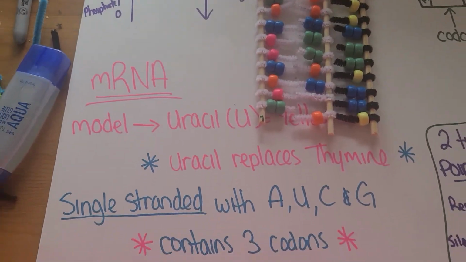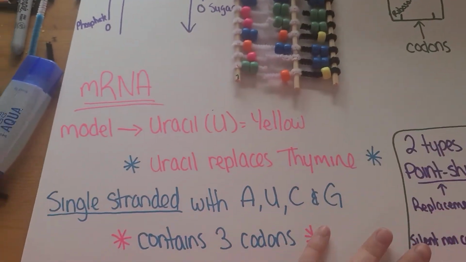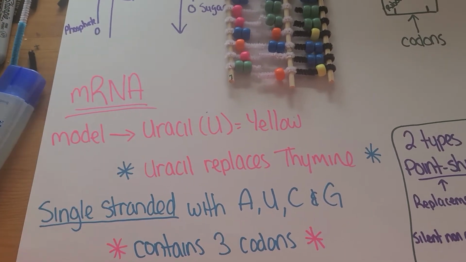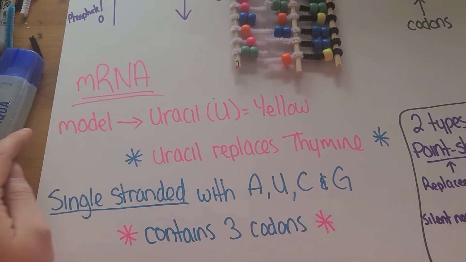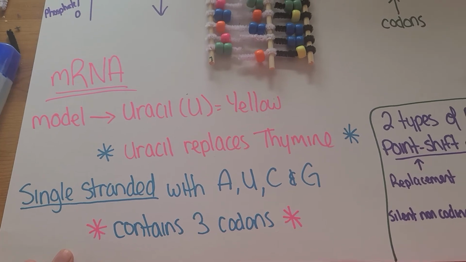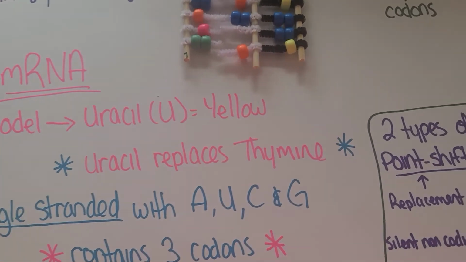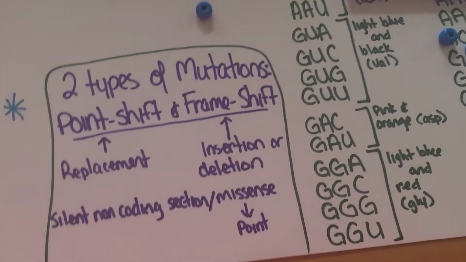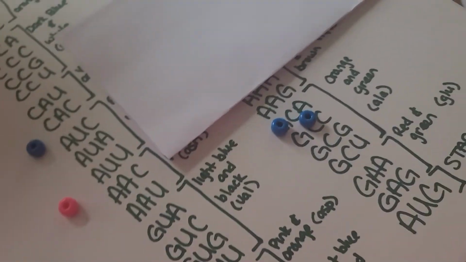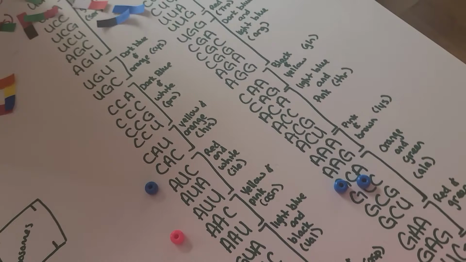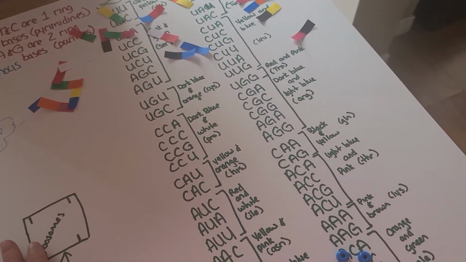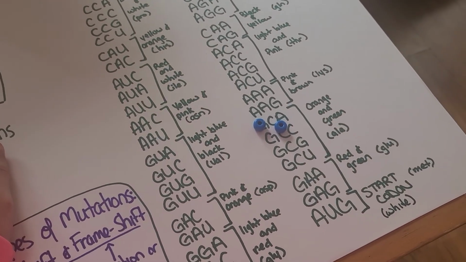Then you've got your mRNA, how uracil replaces thymine, and that it's single-stranded with A, U, C, and G, and contains codons. Then your types of mutations, and then this is the amino acids and their codons. So you can see all that there.